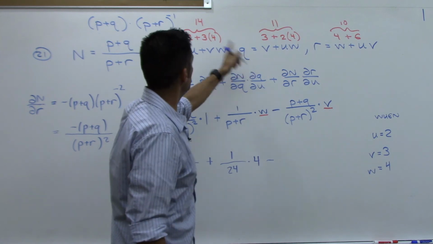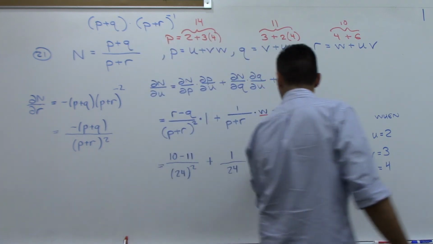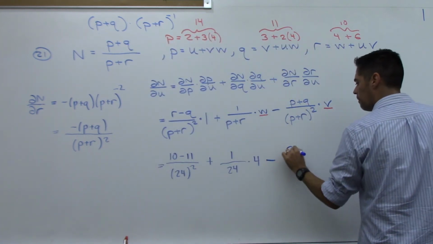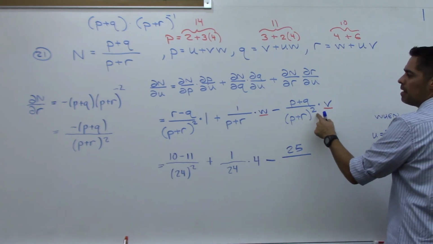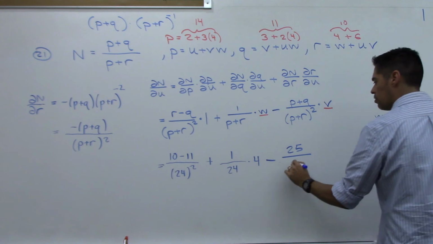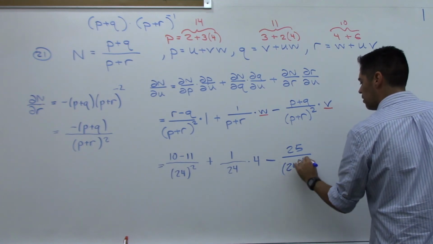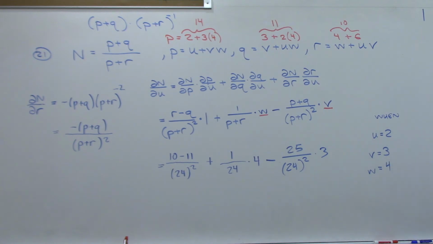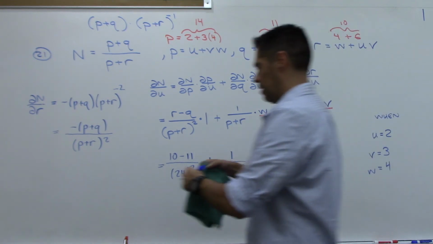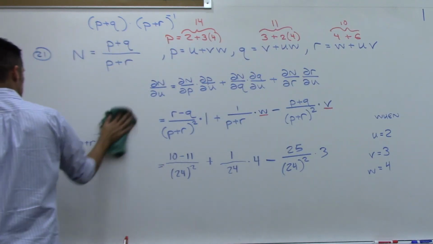P plus q is 25. That's right here. Over p plus r squared again. We did that a second ago over here. So 24 squared, and then times v, which is 3. Whew, my goodness. This is fun.